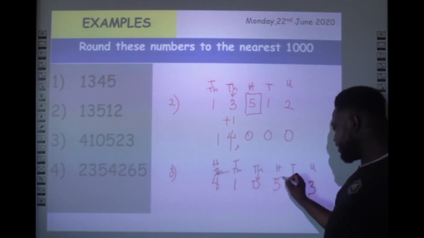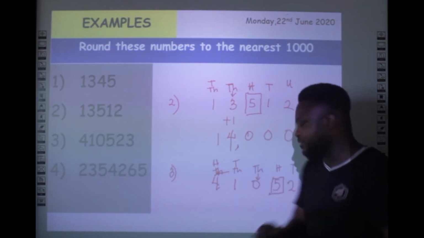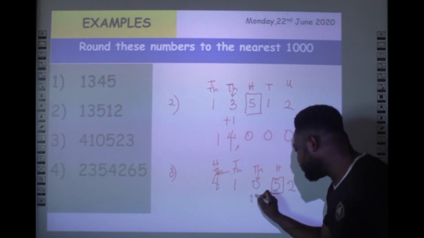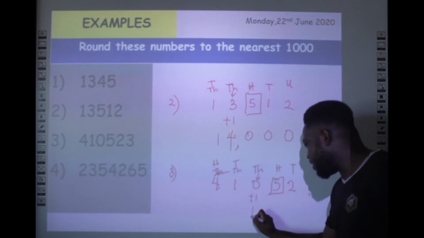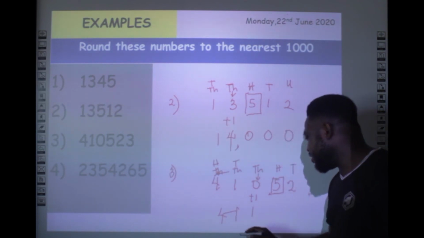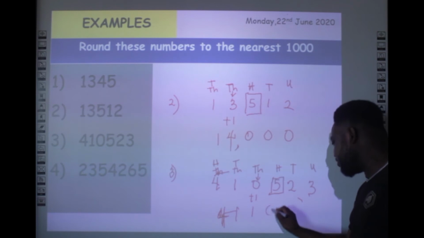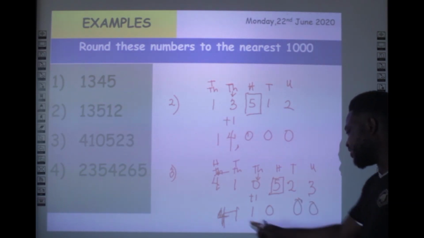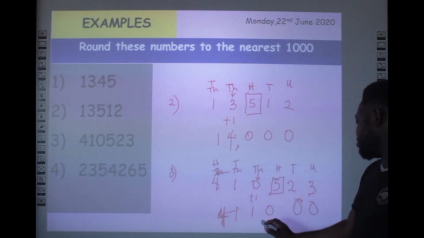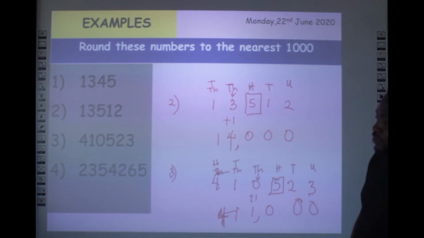Now look at the digit to the right of the target digit. It's up to 5. What are we going to do? You add 1. 0 plus 1 will give us 1. You drop down 4. Any other digit to the right of this will turn to 0, 0, 0. So our answer here is 411,000. 411,000 is the solution to this problem.